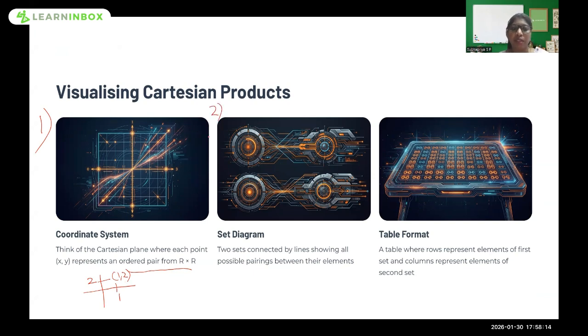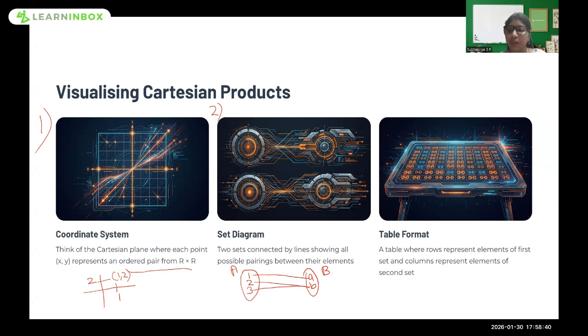Next diagram, a set diagram. Two sets connected by lines showing all possible pairings between their elements. Let's say this set is A and this set is B. This set has 1, 2, 3, and here we have a and b. So the mapping goes like this.